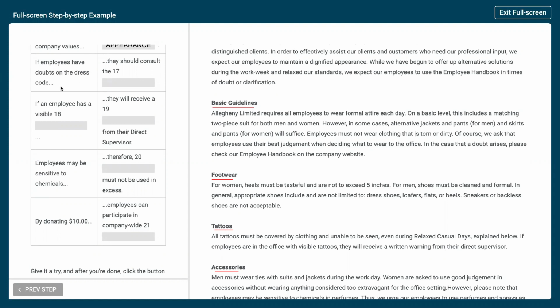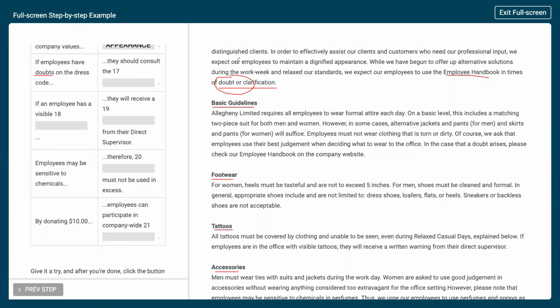If employees have doubts on the dress code, they should consult something. Now, I do see something here that looks interesting because it says employee handbook, and I knew that we were looking out for a noun in number 17. So it says, we expect our employees to use the employee handbook in times of doubt or clarification. And doubt was one of our key words.